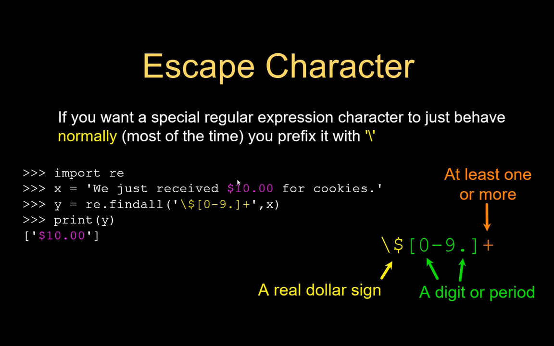We are looking for a number that has a dollar sign on the left of it. That's how we put the backslash dollar sign here, so we look for the actual dollar sign.